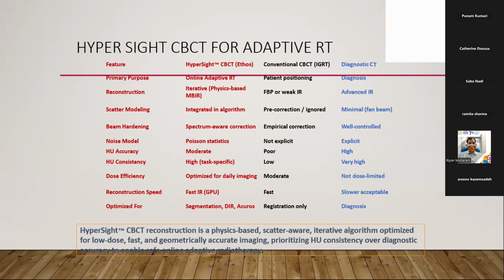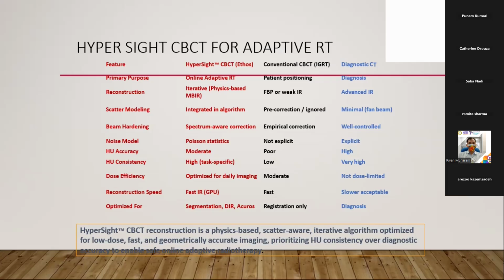Scatter modeling is already integrated in the algorithm, but in conventional CBCT a pre-correction was required, and sometimes in earlier linacs it was ignored. The spectrum was also one of the issues, because we have this spectrum from the X-rays.